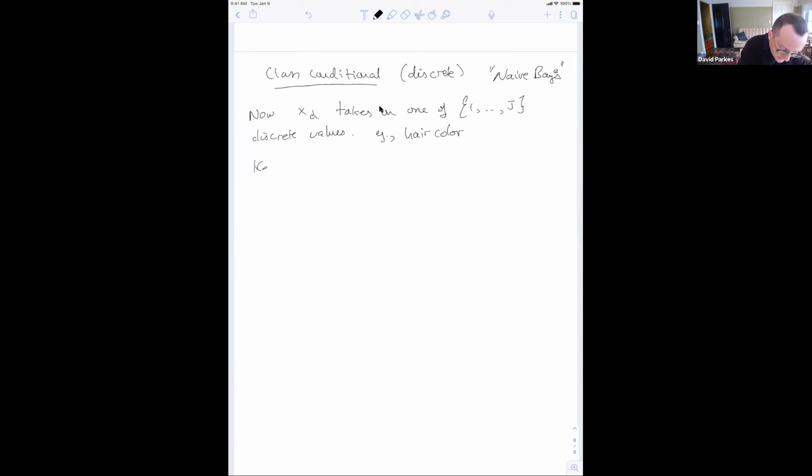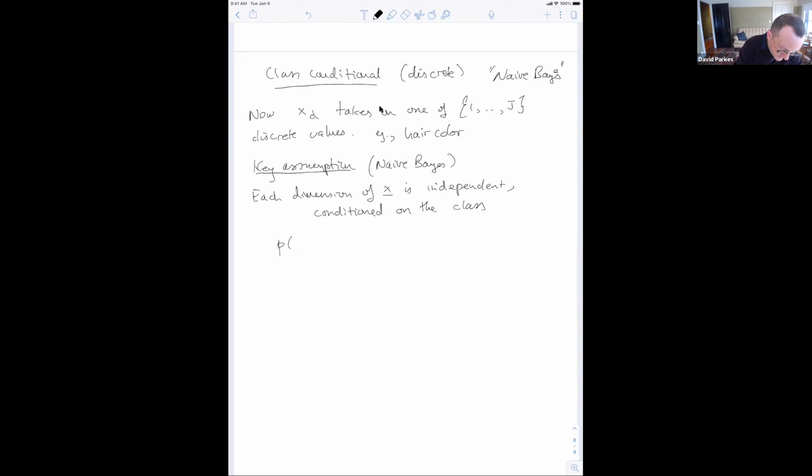The key assumption that we're going to make to be able to model this class conditional distribution in a clean way, known as the naive Bayes assumption, is that each dimension of x is independent conditioned on the class. Let me write that mathematically.